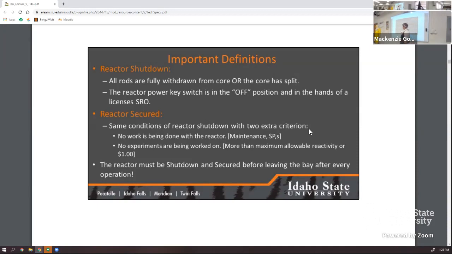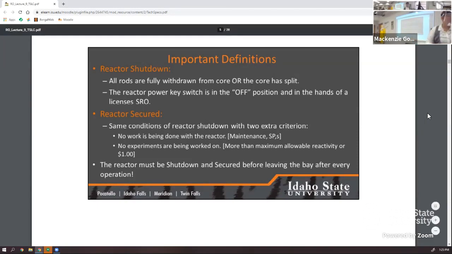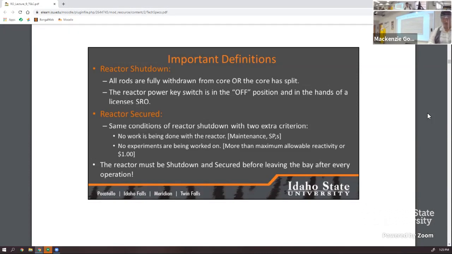So you could shut down the reactor and you could leave to go to class, but the reactor supervisor, who is a licensed SRO, is still in the reactor lab. Do you have to secure it? No. But when you all leave, at the end of the day, the reactor has to be secure. Make sense? Everybody online following?